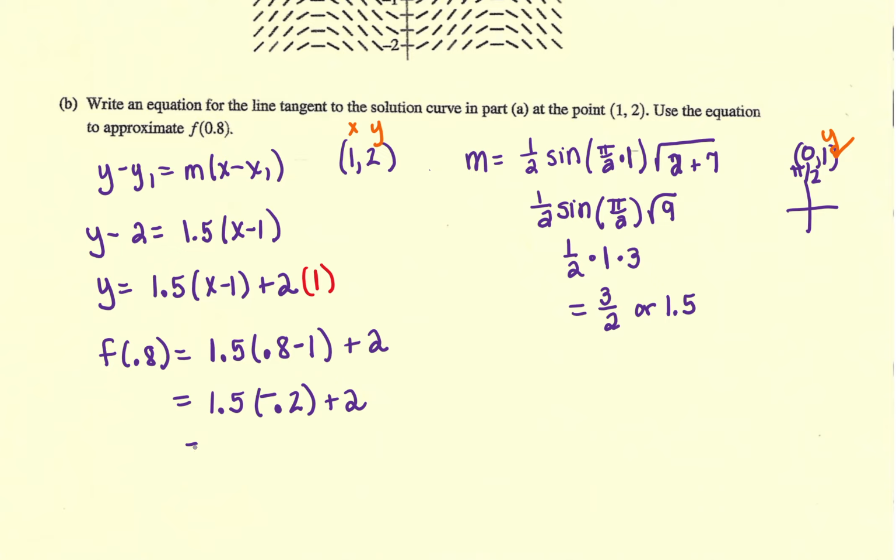Let's multiply that: 1.5 times 0.2, and you jump your decimal 2 places, so you're going to get negative 0.30, plus 2, and you're going to get 1.7 for the value of f of 0.8. If you got that value, give yourself another point.